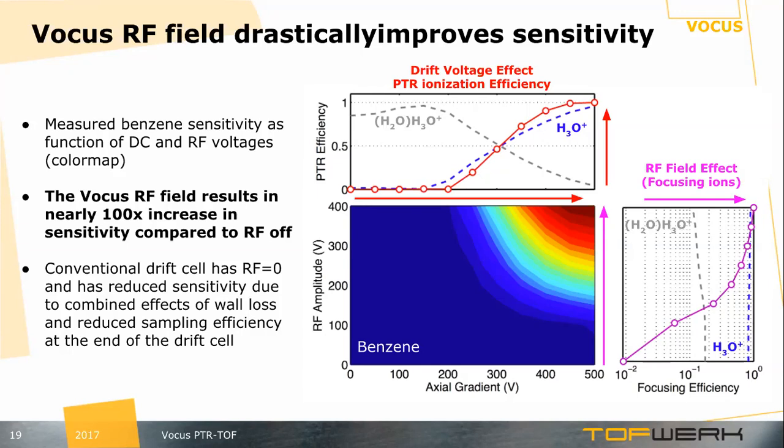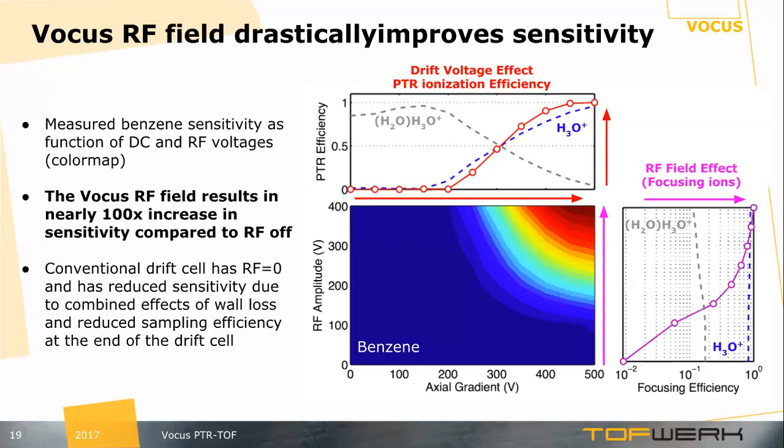Have you run it with NO+ primary ions? So yeah, we've generated NO+, but we have not done as thorough a calibration basis set, though we generate a lot of NO+ ions. As we get more standards at Tofwerk, we'll present more about the calibration to NO+.